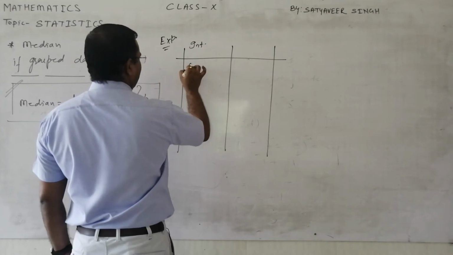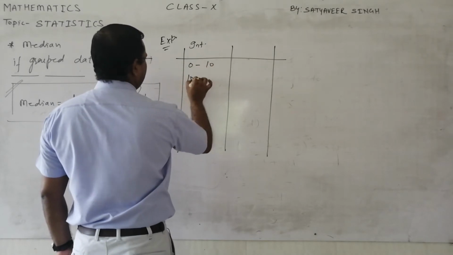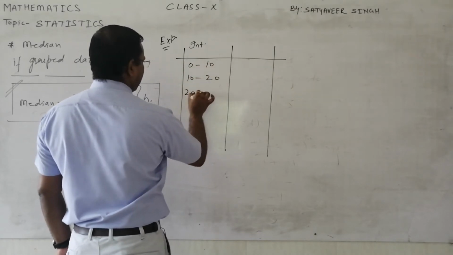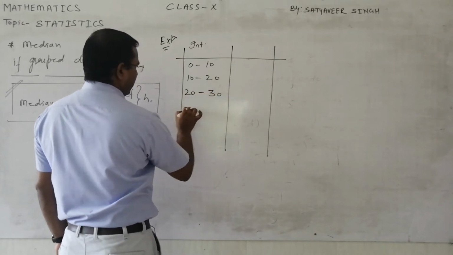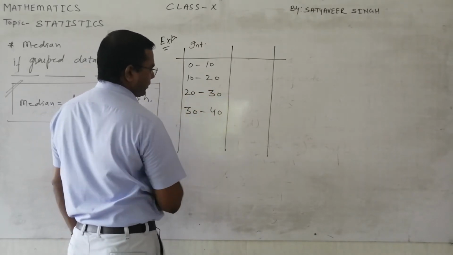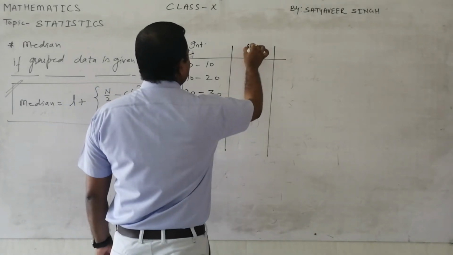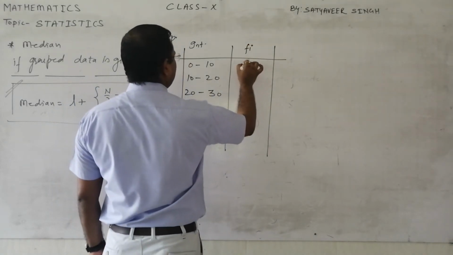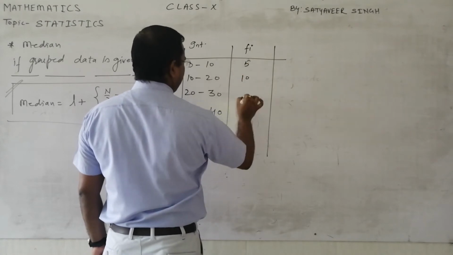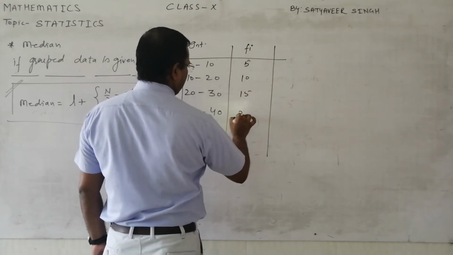So intervals are given like 0 to 10, 10 to 20, 20 to 30, 30 to 40 and so on. Suppose till 40 only, and the frequency given, it is maybe like 5, 10, 15 and 20.